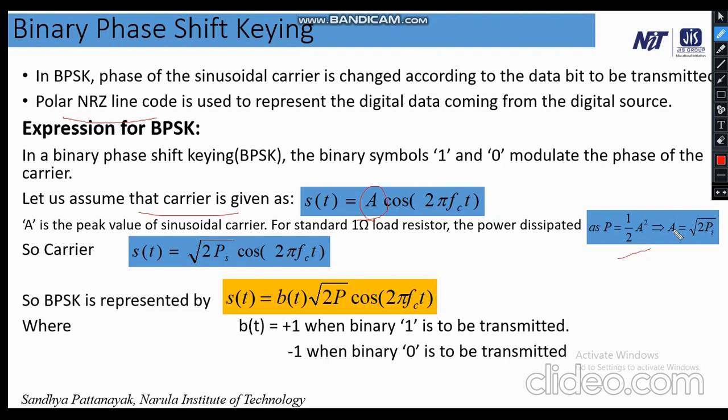So A can be written in terms of power, that is, the amplitude of the carrier signal is equal to root over 2Ps. So the carrier signal is now represented as s(t) = root over 2Ps cos 2πfct.